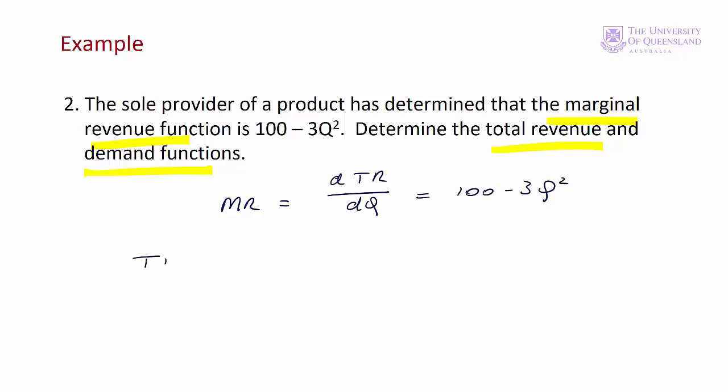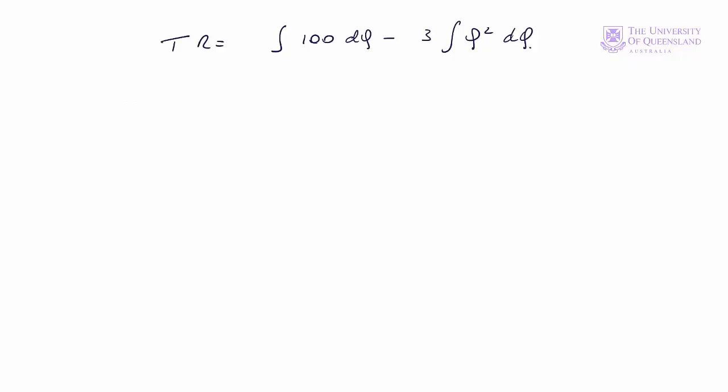Total revenue then is the integral of marginal revenue dq. It's the integral of 100 minus 3q squared dq. We can simplify that. So we use our difference rule and take the constant outside the integral. Now we can apply our inverse power rules.